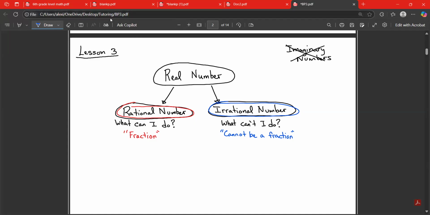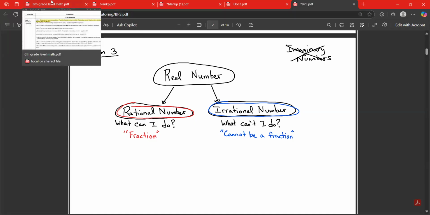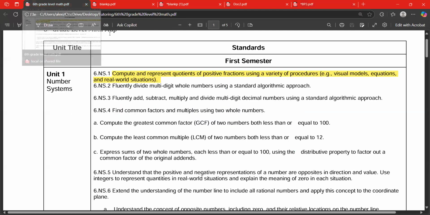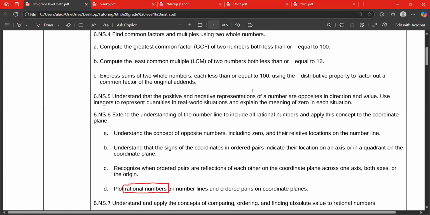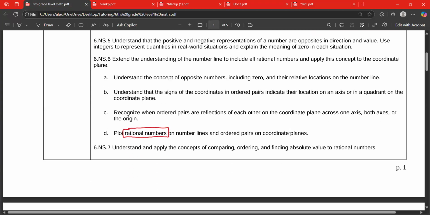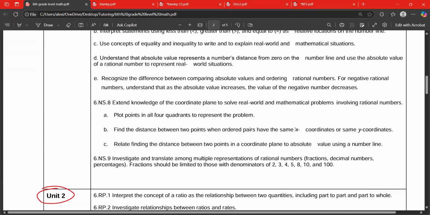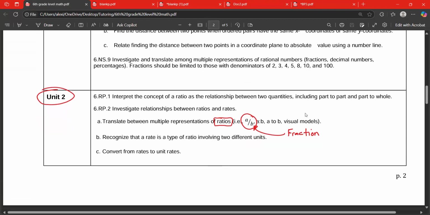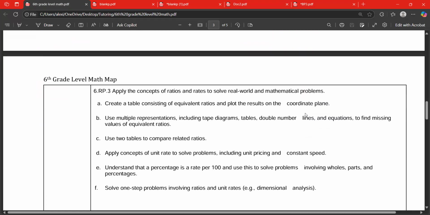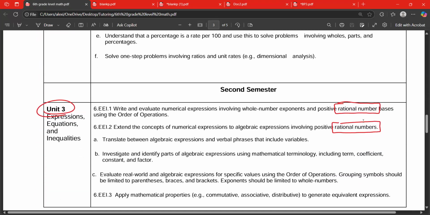But when I looked at your 6th grade curriculum math, let me go back real quick. Let me do a find command real quick. Let me type in some words that I do see and let me see if it works. All right, it doesn't let me do the find command. But if I scroll down, I can see the words rational number, and fractions, and rational.